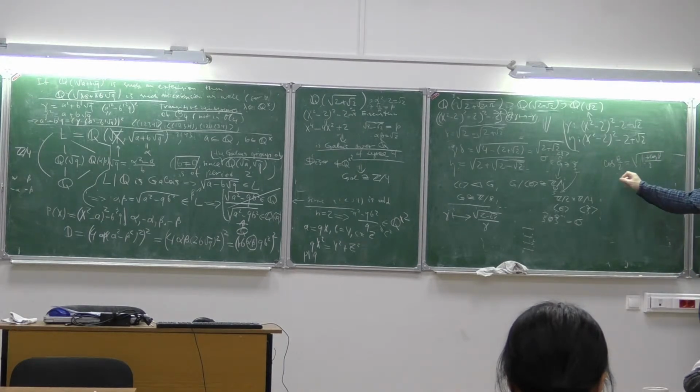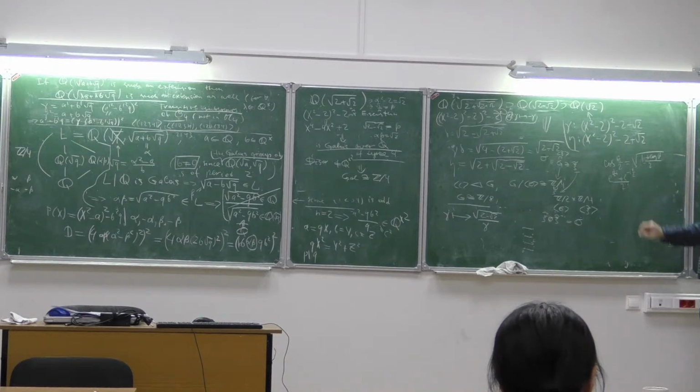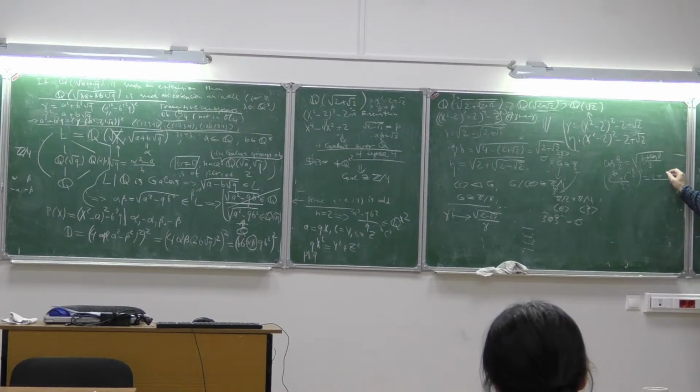Plus, you see that this is e to the... Okay. So it is square, yeah? It is 1 plus 1. Well, something like this, yeah?